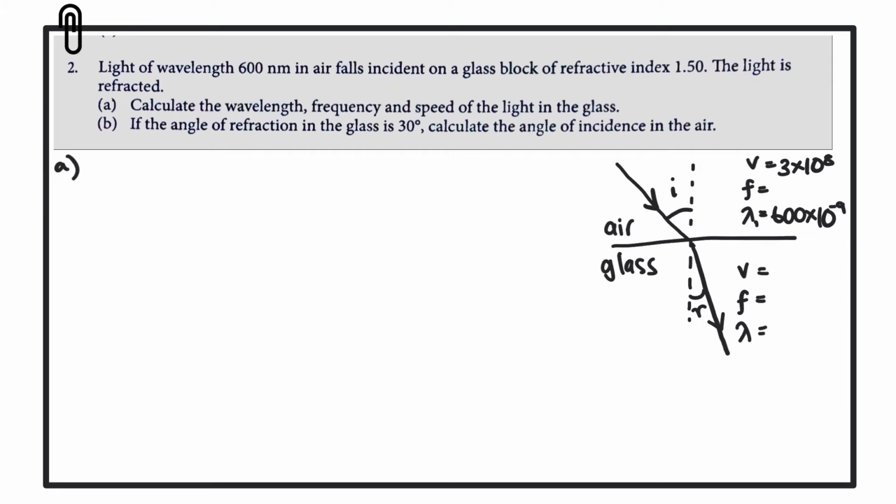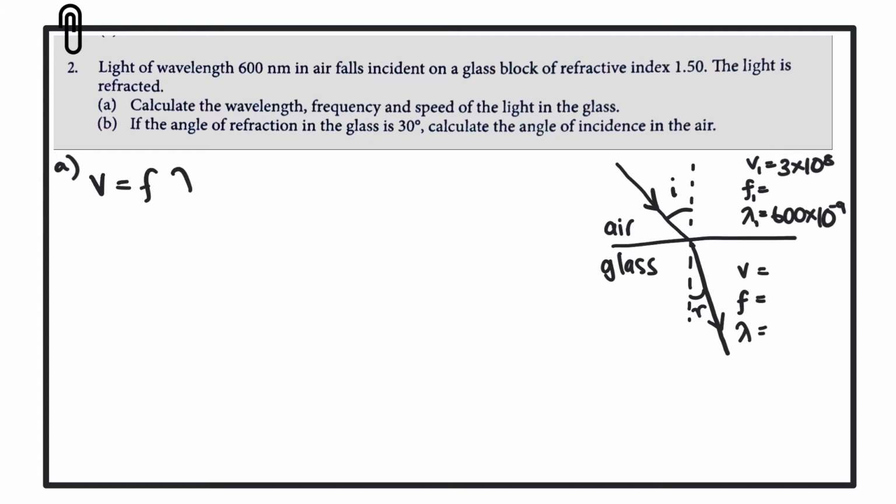So if we know the velocity and the wavelength in air, then we can work out the frequency in air. Now the reason that that's going to be useful is because we know that the frequency in air will be the same as it is in glass. So we can just use V equals F lambda in order to figure out that frequency.